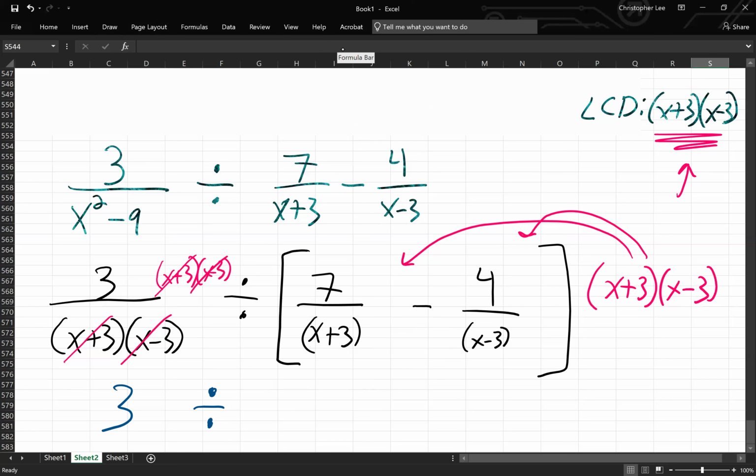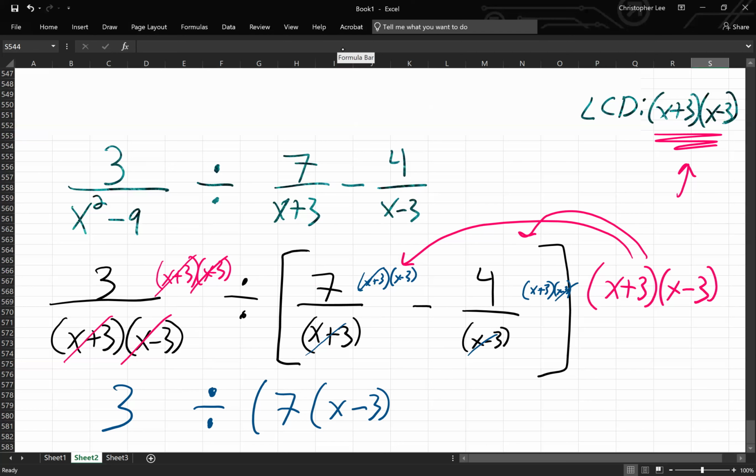Divided by, let's look at the first one. I have the x plus 3 times x minus 3. So this and this will cancel, leaving back 7 times x minus 3. For the second one, we have the same thing, x plus 3, x minus 3.